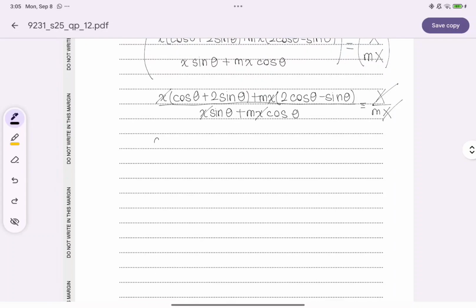So this would give us cosine theta plus 2 sine theta plus 2m cosine theta minus m sine theta over sine theta plus m cosine theta equals to 1 over m.